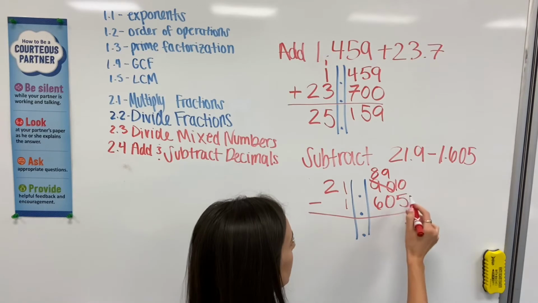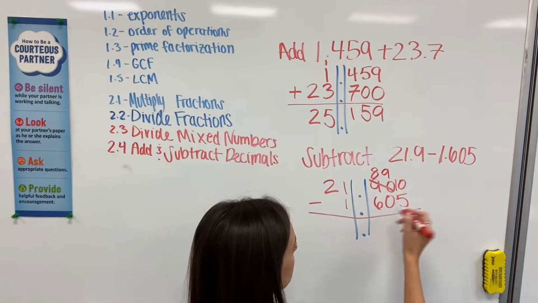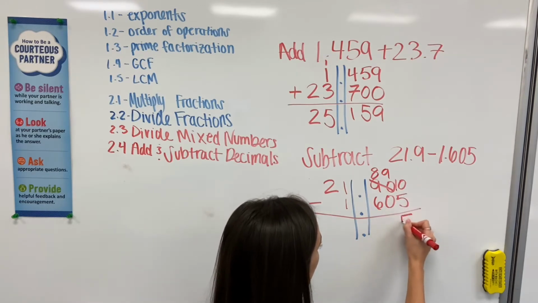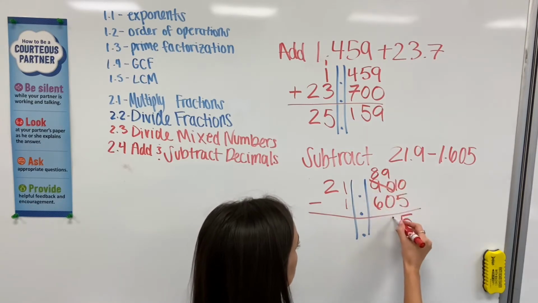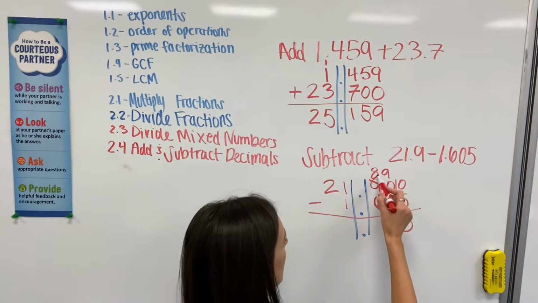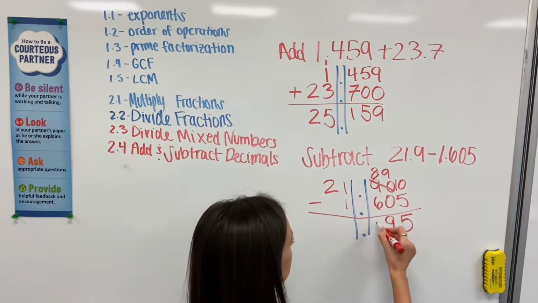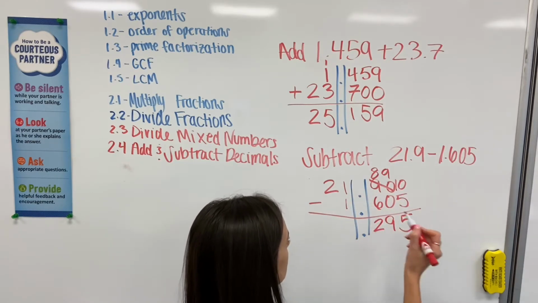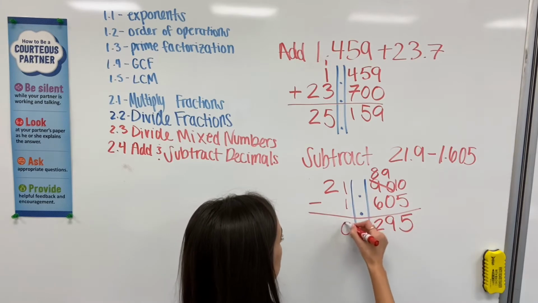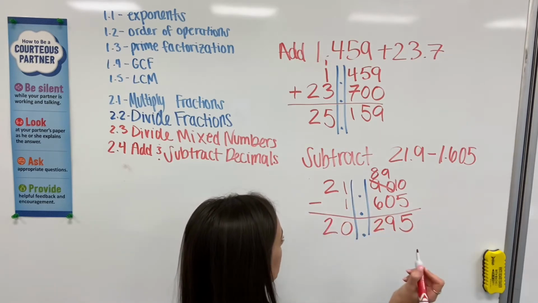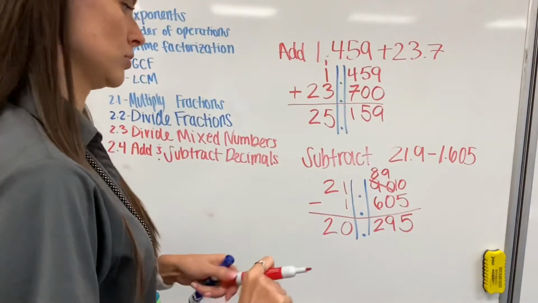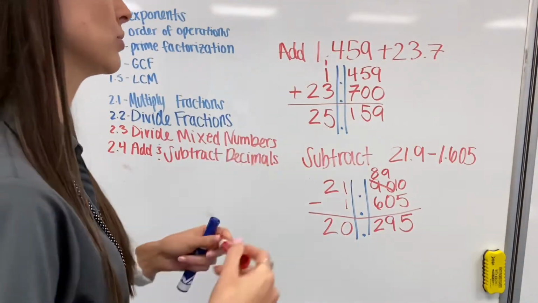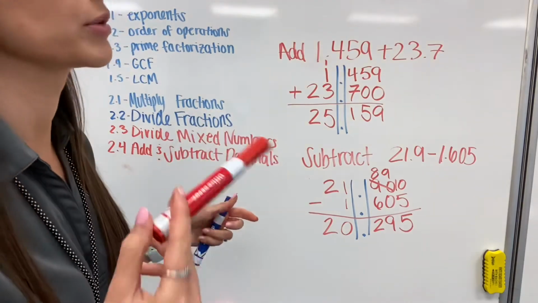So now I'm looking at 10 thousandths minus 5 thousandths gives me 5 thousandths. 9 hundredths minus 0 hundredths equals 9 hundredths. 8 tenths minus 6 tenths equals 2 tenths. 1 minus 1 equals 0, and 20 minus 0 equals 20. So our solution would be 20.295, or 20 and 295 thousandths.